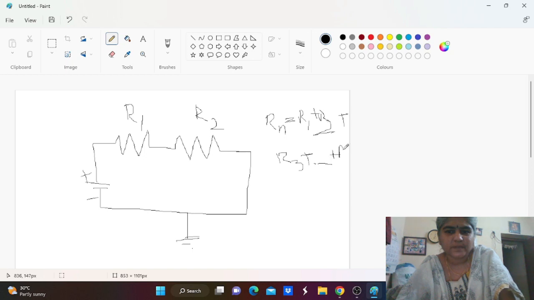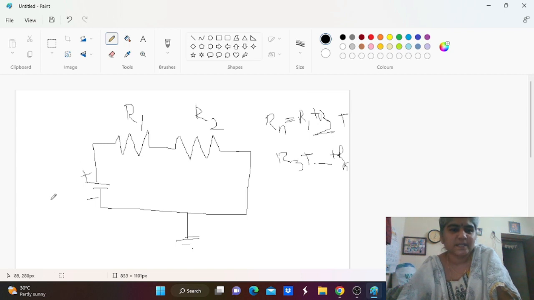So n resistors are denoted as Rn. Here I take only two resistors, R1 and R2. So let us go for the concept.